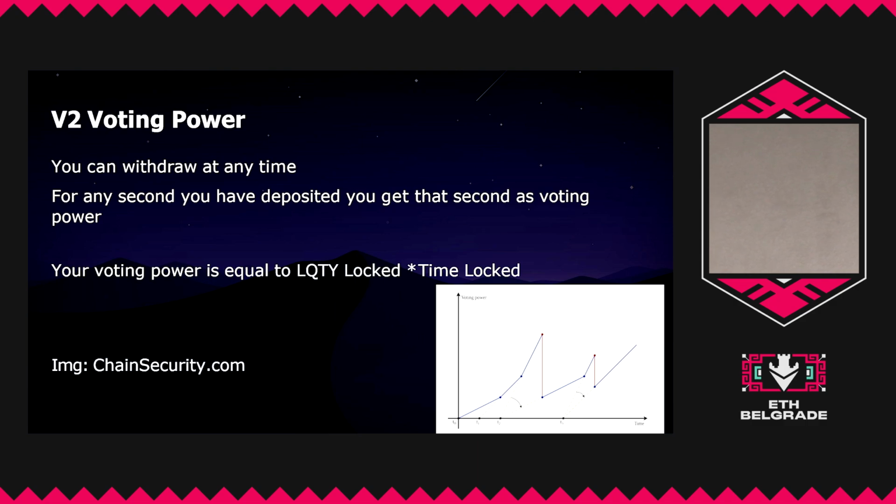And so this is effectively a soft lock where you can withdraw at any time, and you will lose the voting power. You can see that it falls down to a lower value. But you also have this mechanism that makes it so that you cannot flash loan voting power. If you were to deposit some tokens in the same block, you would actually end up getting the same voting power, and then you would actually lose it the second you withdraw.